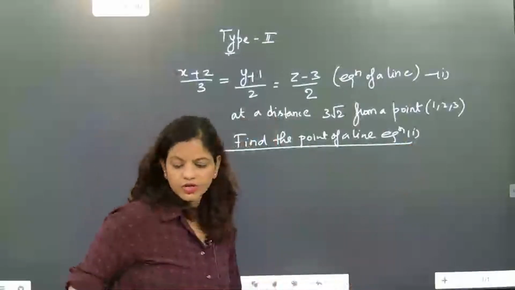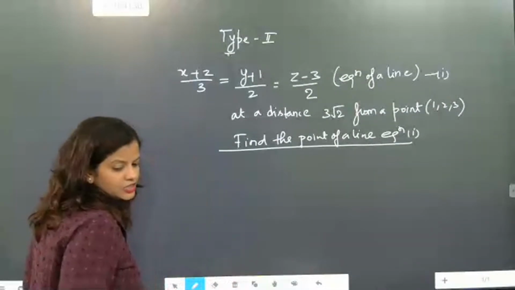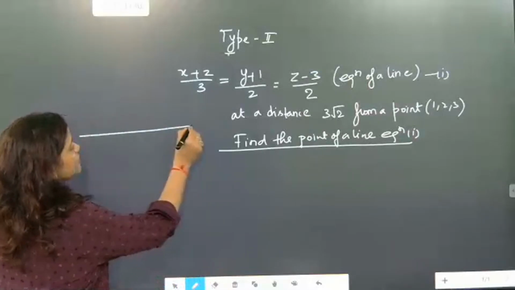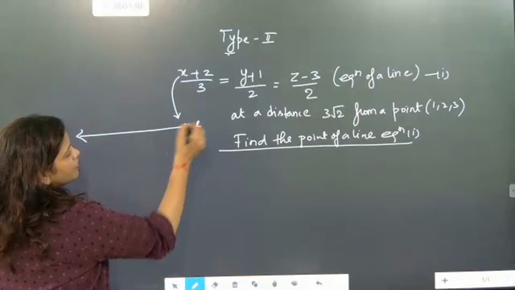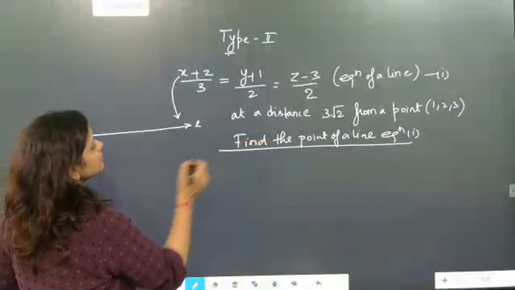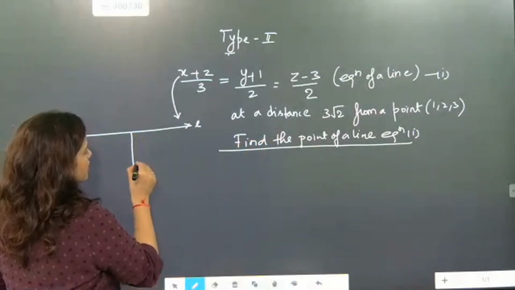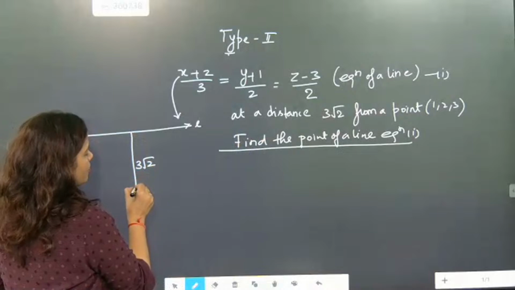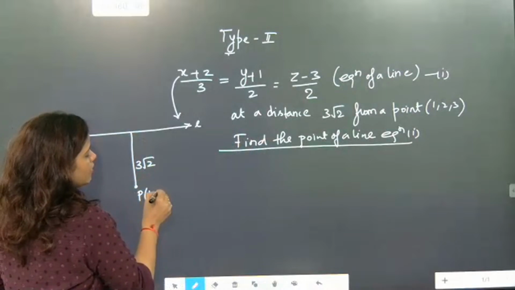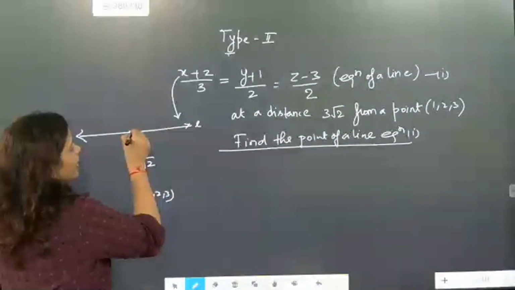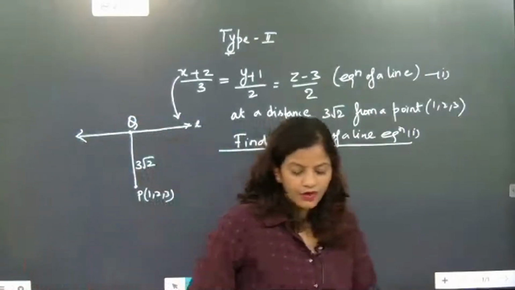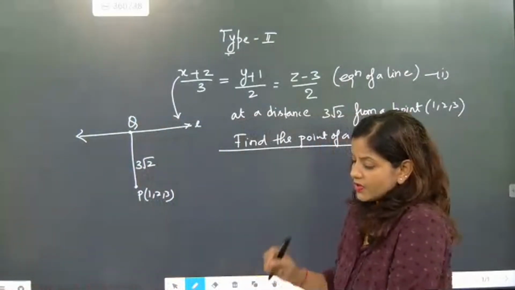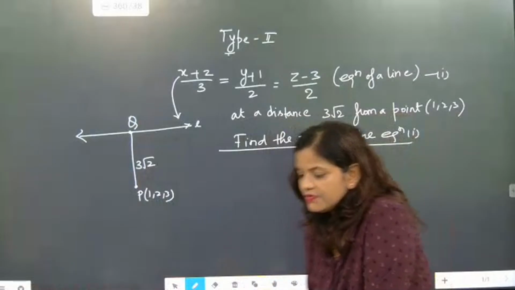So in shortcut, if somebody asks you how we are going to do this, this is exactly the line, beta, and this is the equation of line L. Now it is at a distance of 3 root 2 from a point, we will take it as 1 comma 2 comma 3. You have to find Q. Got it? You have to find the Q point. So this is one of the most important questions we need to solve.